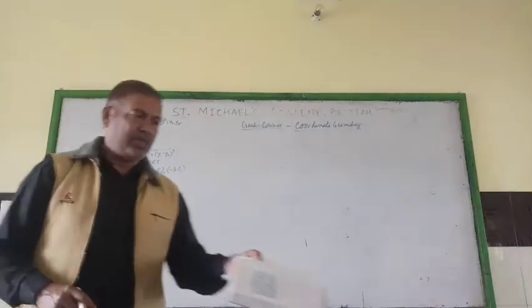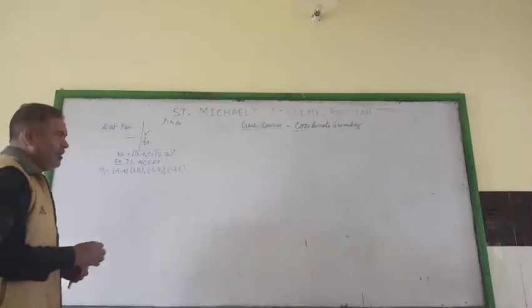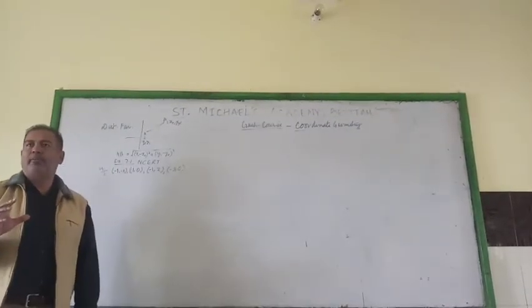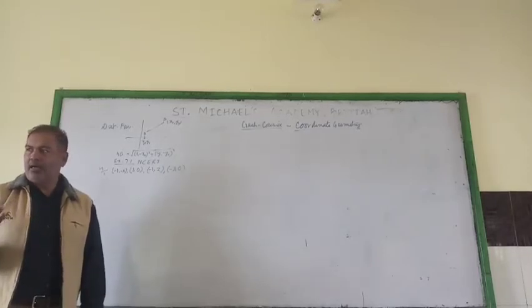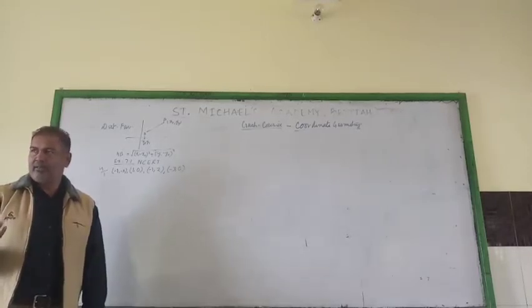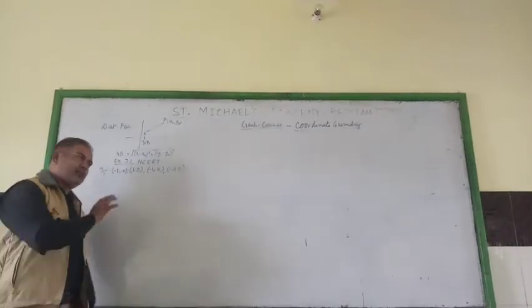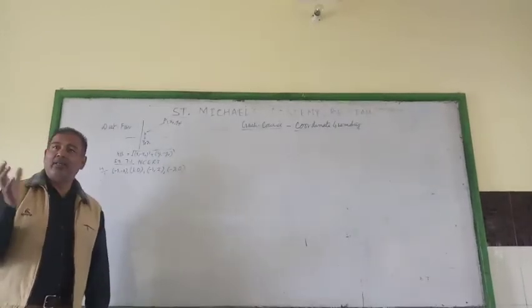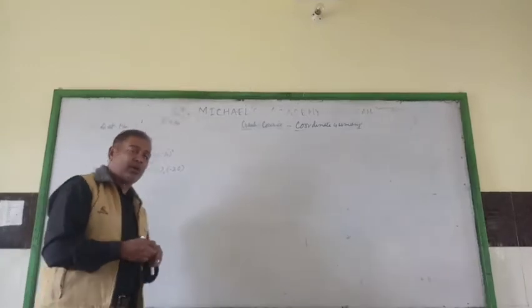Please only check whether I have noted down the question properly or not. Whenever you are given these points, these 4 points represent which type of geometrical figure? Quadrilateral. And by verifying the sides or the diagonals, we will determine what is the type of this quadrilateral.